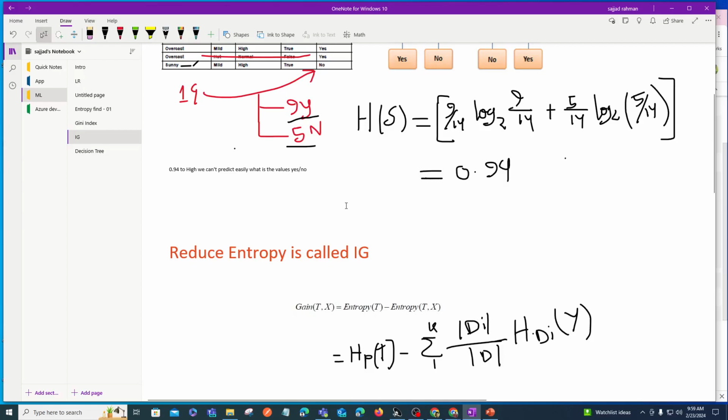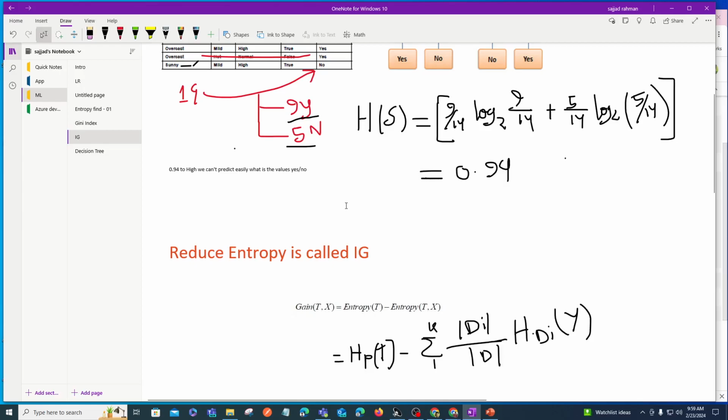Based on outlook, how do we branch our decision tree? First and foremost we find this value is 0.94, but how do we apply the rest of this?